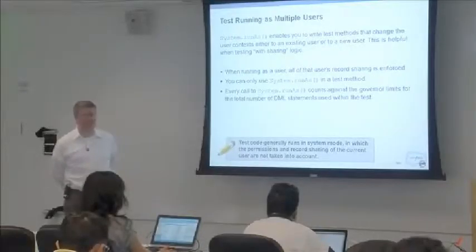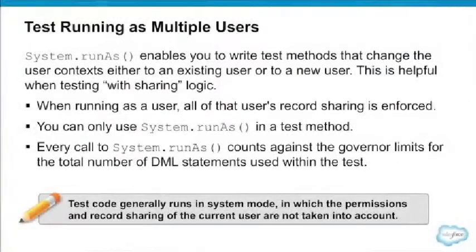So what System.runAs does is you surround your code with this block, and then you pass a user ID of a user that you want to run this code as, and then when you're, for instance, initializing your test data, you've initialized it as that user as opposed to yourself. Okay?